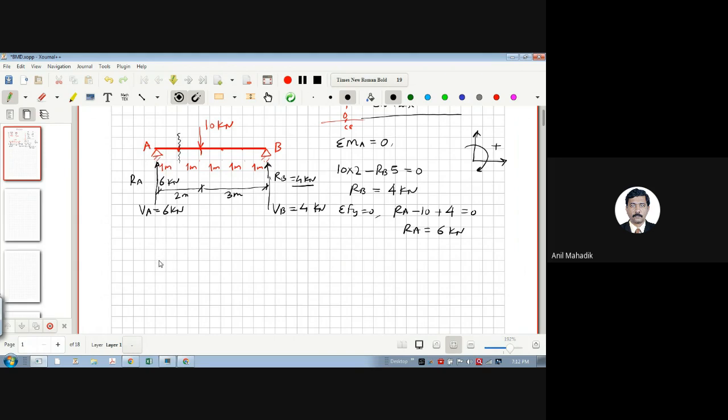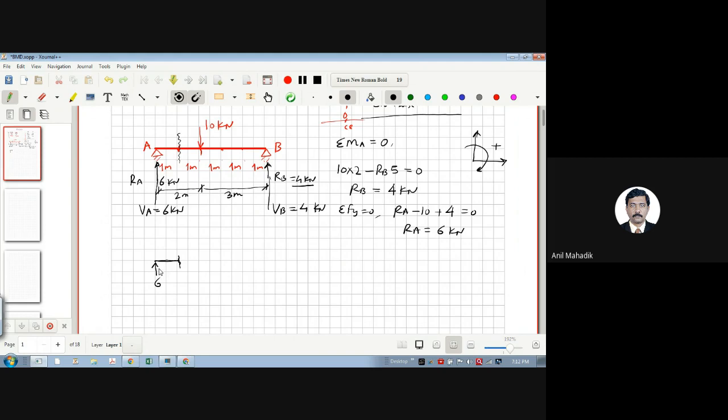So if I draw that piece, what are the forces in this? There is a vertical force, which is this one, 6. And is there anything above? Nothing is there, right?